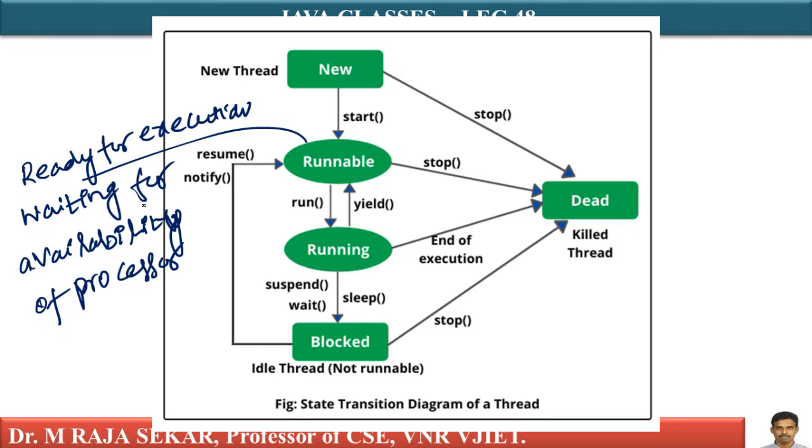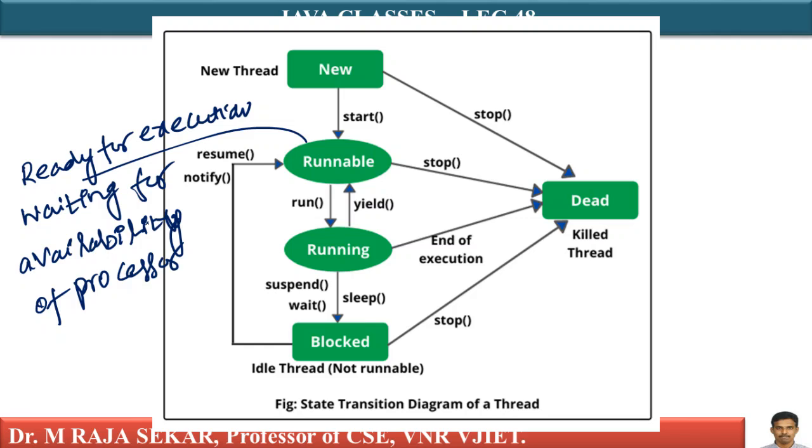Let me repeat, as this point is very important. If a thread is ready for execution and is waiting for the availability of processor, then the thread is said to be in runnable state.